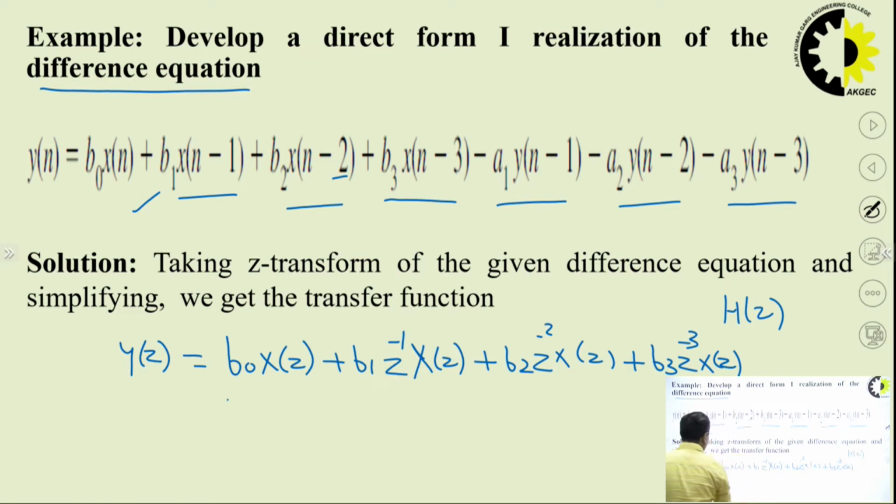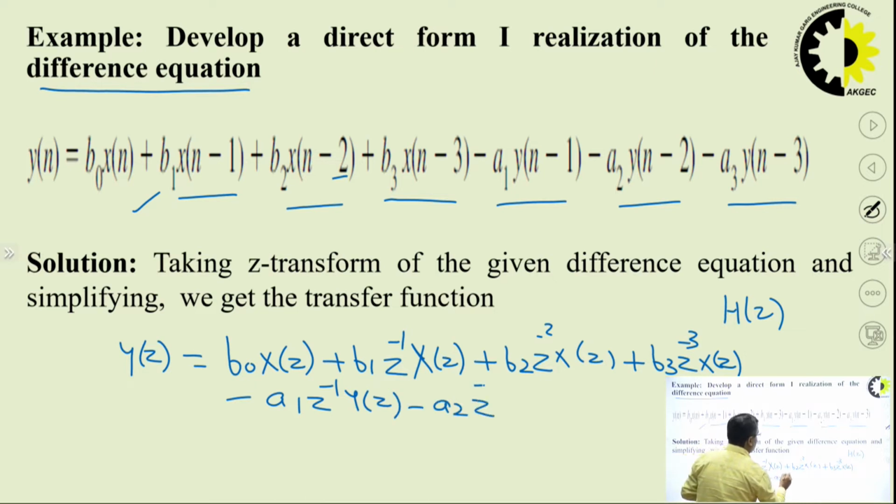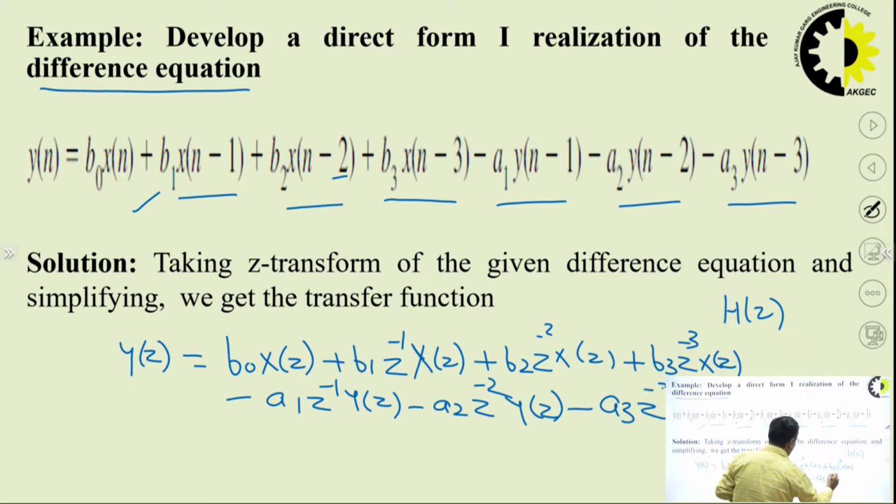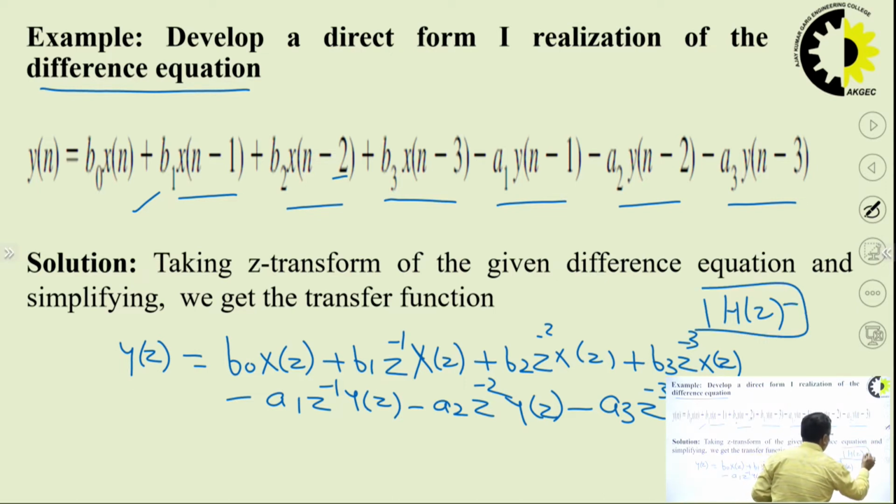Now minus a1 z to the power minus 1 Y of z minus a2 z to the power minus 2 into Y of z minus a3 z to the power minus 3 into Y of z. In this way, simply you can take the z transform of the given difference equation to make it in the form of H of z.